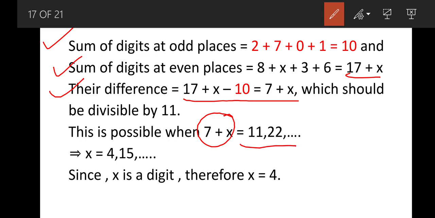So dear children, if I take x as 4, it will be 7 plus 4, that is 11, which is divisible by 11. If I take x as 15, then also it will be divisible by 11. Since x is a digit, I need to take the value of x as a single digit, so the value of x will be 4.